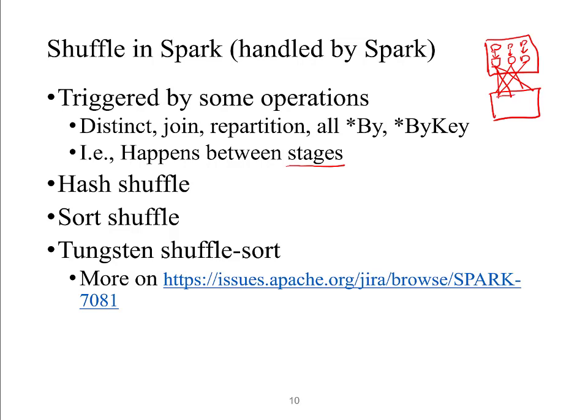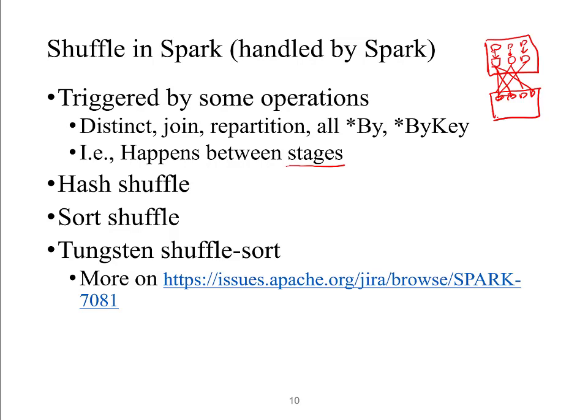So as you can see here, this is a classic shuffle operation, and we cut the stages in Spark based on wide transformations. So once there is a new stage, it means we have a shuffle.